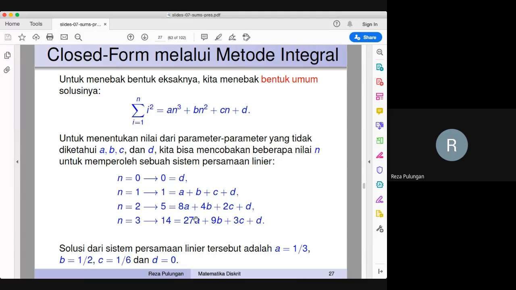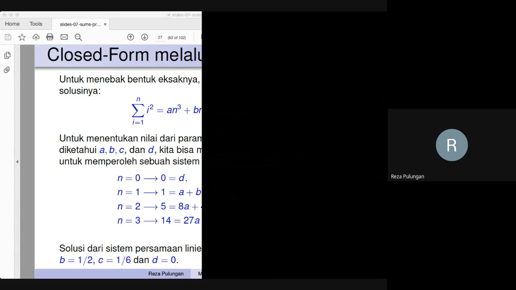You can solve this system of linear equations by Gauss-Jordan, by LU decomposition, by Gaussian elimination and so forth, or by using matrix.